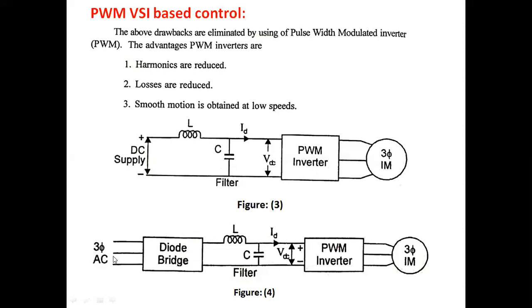So this 3-phase AC supply is converted into a fixed DC supply using the diode bridge rectifier. This fixed DC is pulsating DC. It is processed through a filter in order to remove the ripples in the DC supply. Then after the filter, that fixed DC is connected across the PWM inverter, and now the PWM inverter can control the voltage and frequency internally.